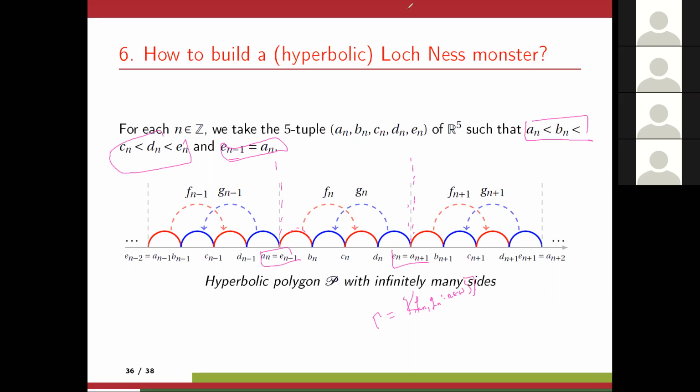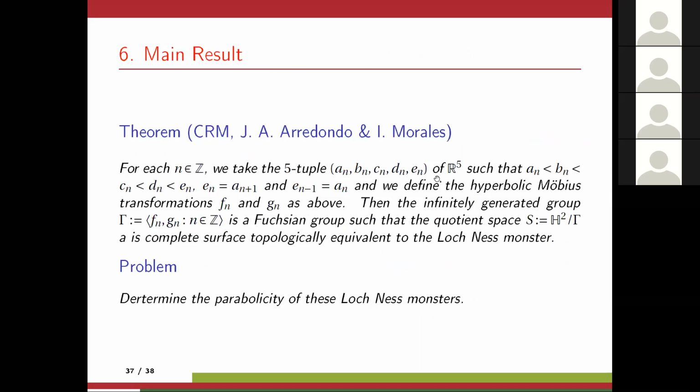In this way, you can prove that the quotient space of the hyperbolic plane by the Fuchsian group gamma is a complete surface topologically equivalent to the Loch Ness monster.